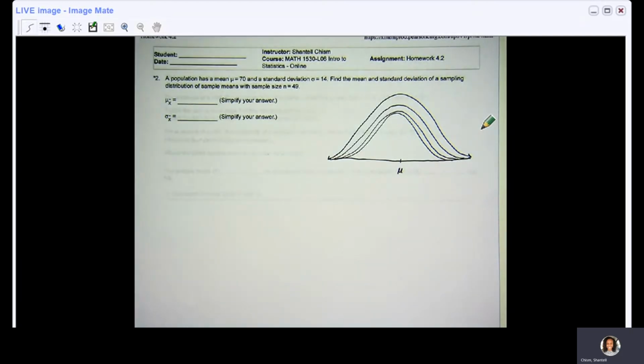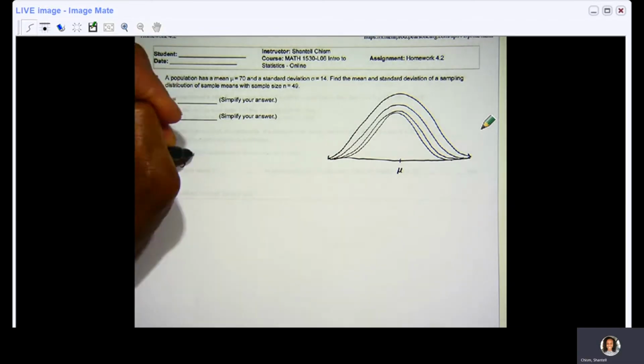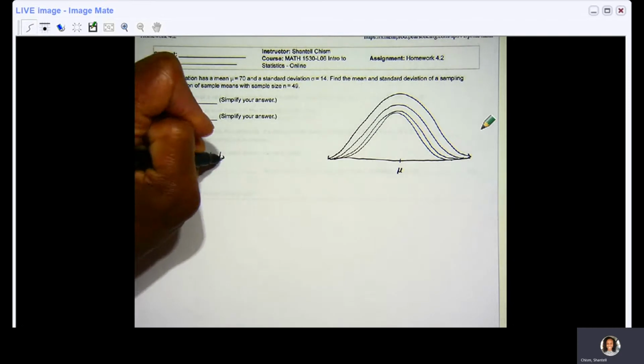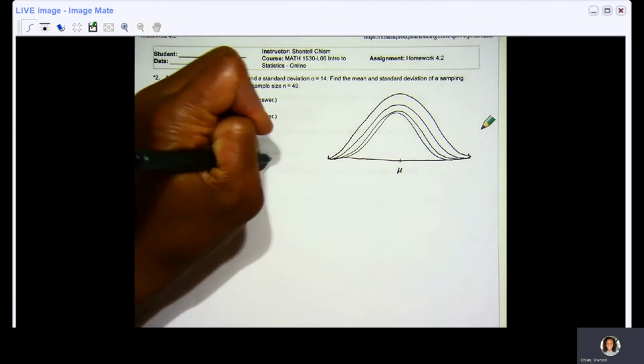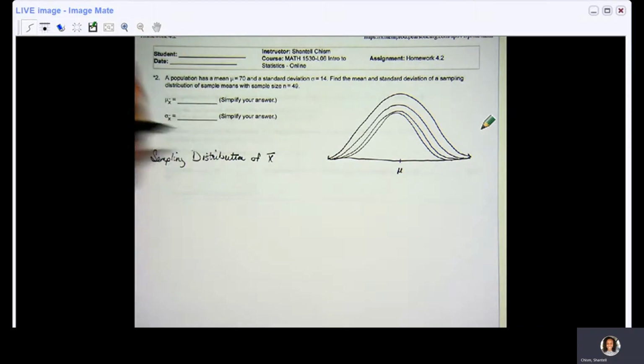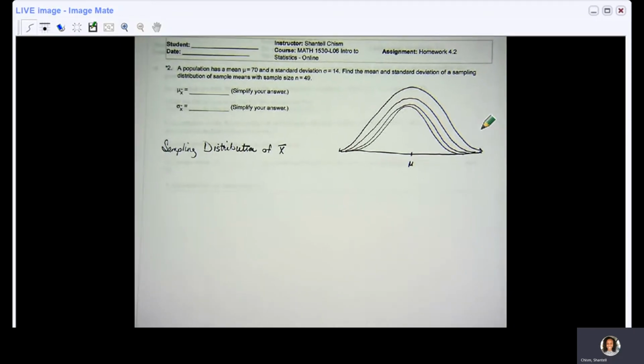So when we're dealing with the sample distribution, we're dealing with a sampling distribution of X bar. A couple of things will always be true for this sampling distribution of X bar. As long as your original population is normal, then any sample taken will be normal.